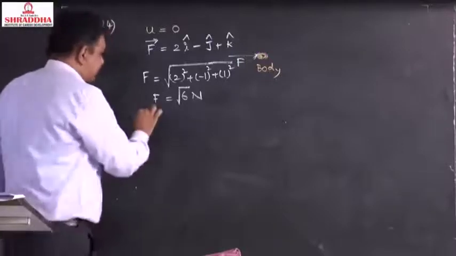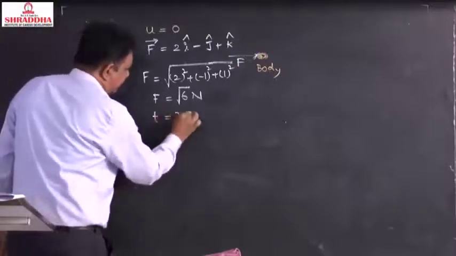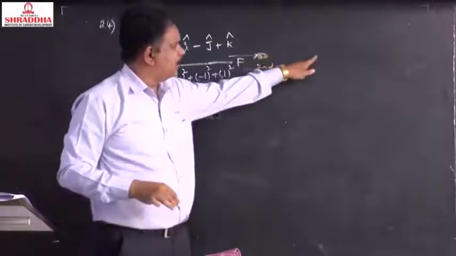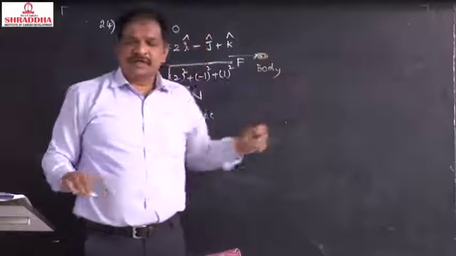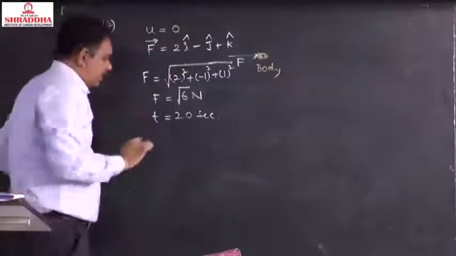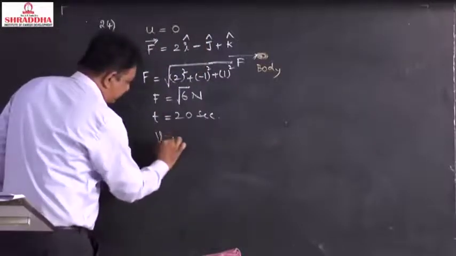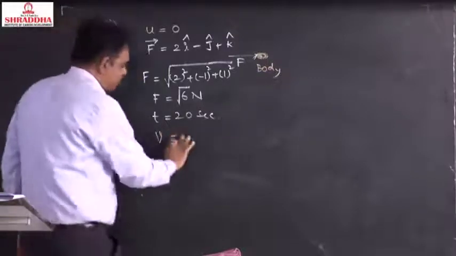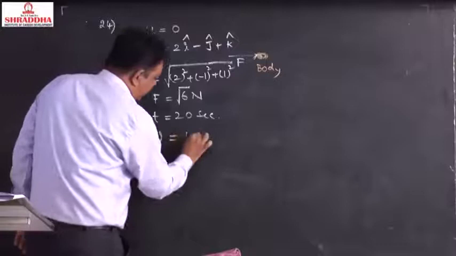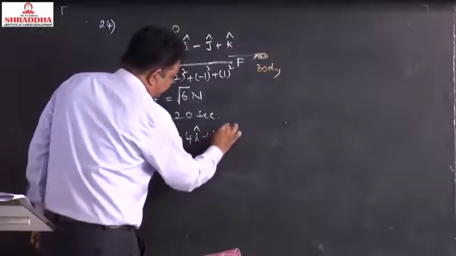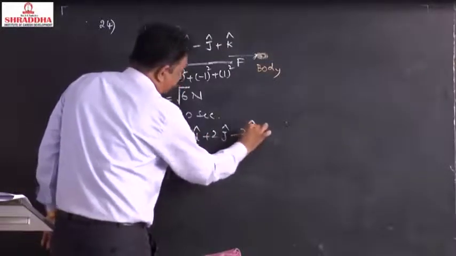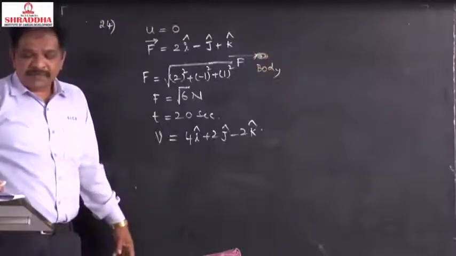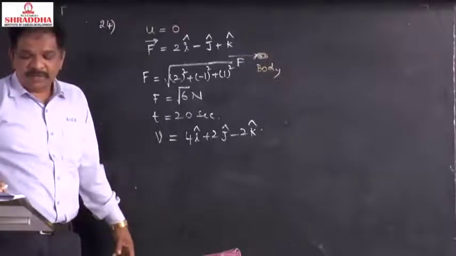After 20 seconds, this body is moving. It starts moving. After 20 seconds, velocity of the body will be 4i cap plus 2j cap minus 2k cap. That is the velocity of the body.